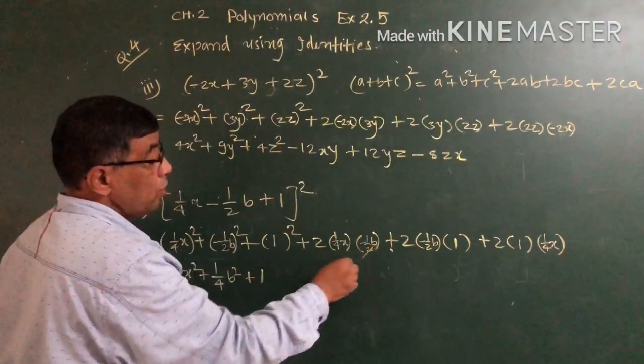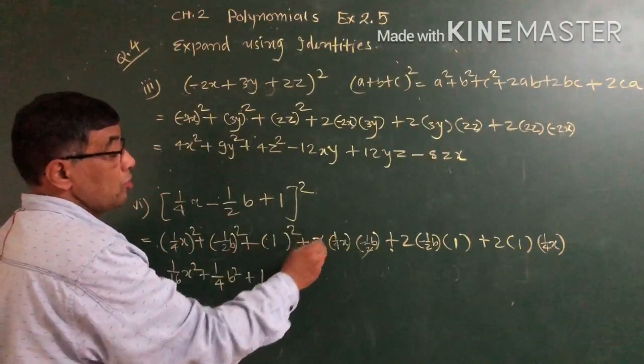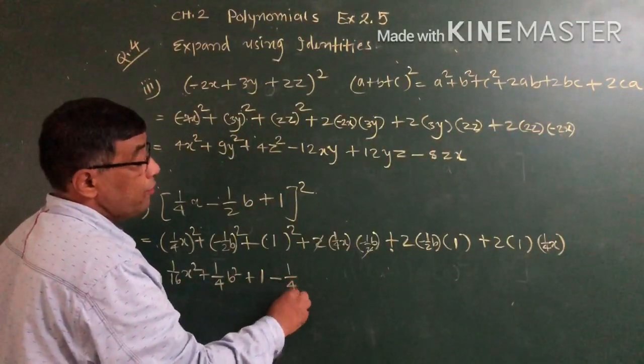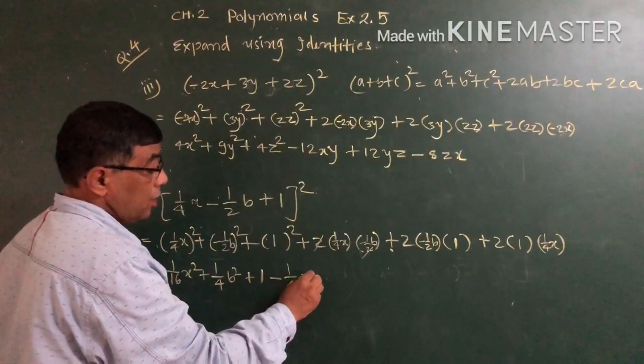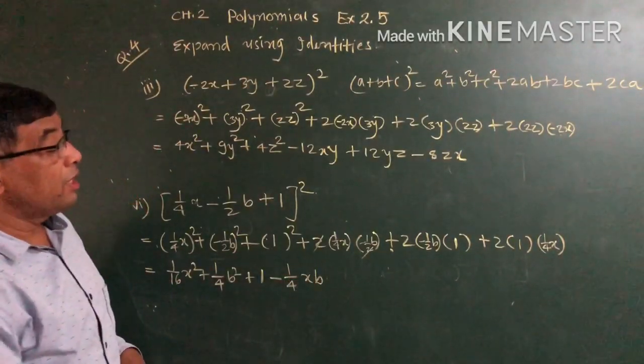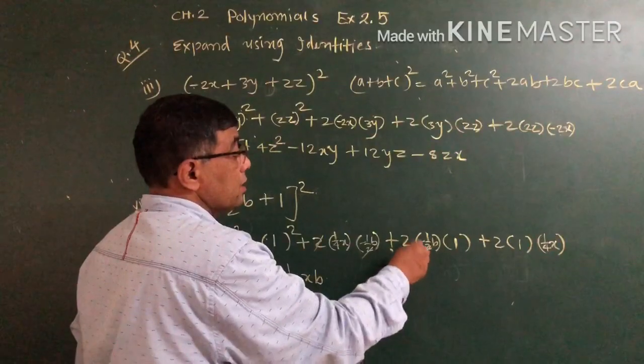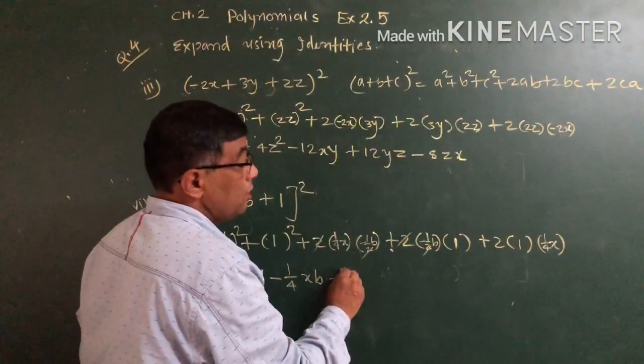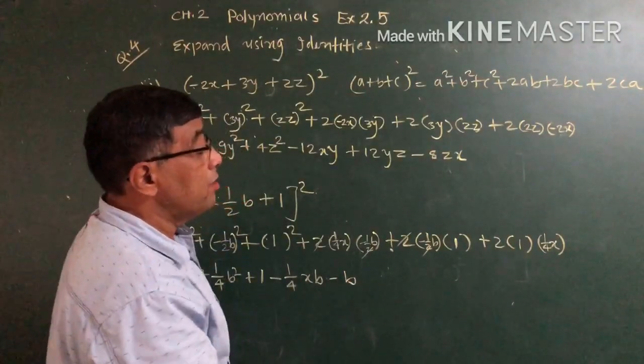Here this 2 and 2 cancel. So minus sign is already there. 1 divided by 4 and bx or xb you can write. In the next one 2 gets cancelled. Minus 1 into 1 is 1 and b only remains here.